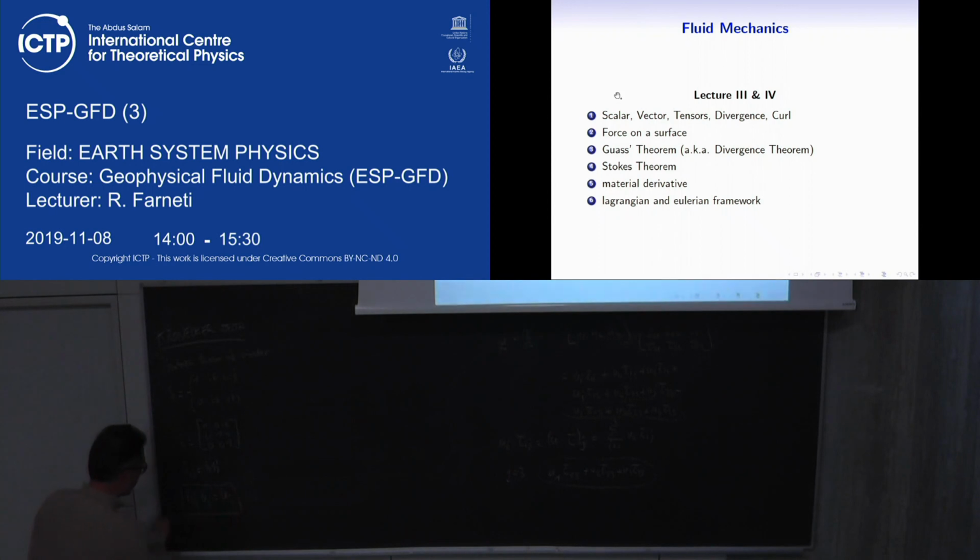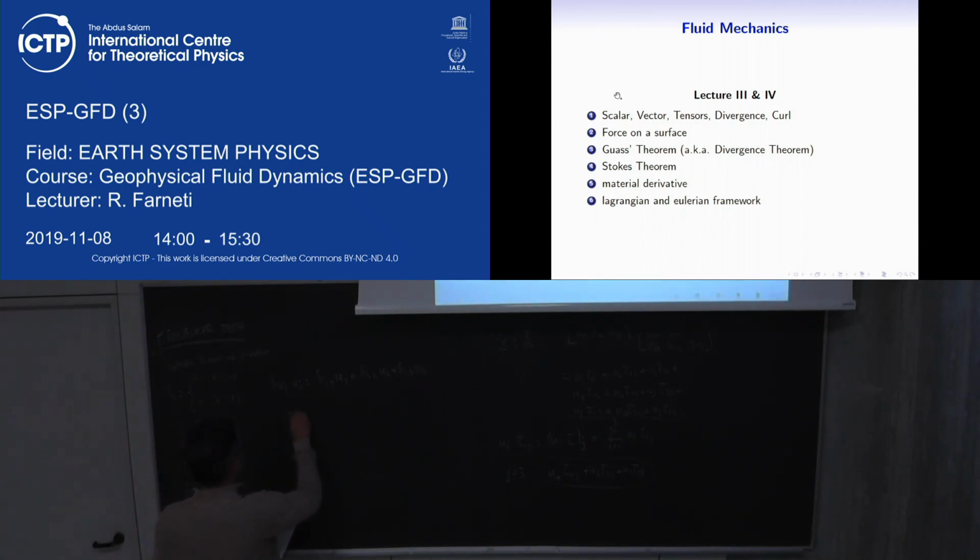Okay? And we use the Kronecker delta because of its special properties. So, for example, delta ij uj: delta i1 u1 plus delta i2 u2 plus delta i3 u3.